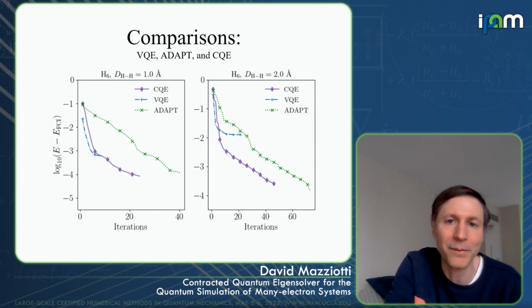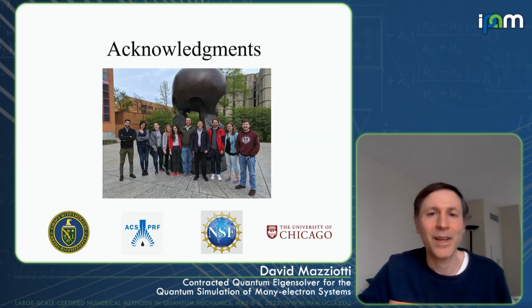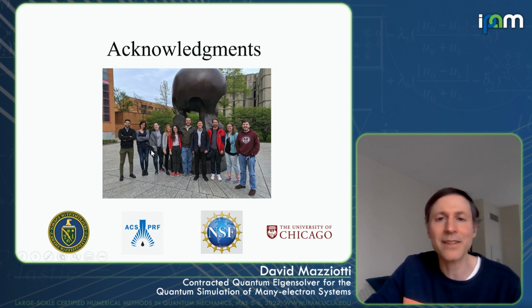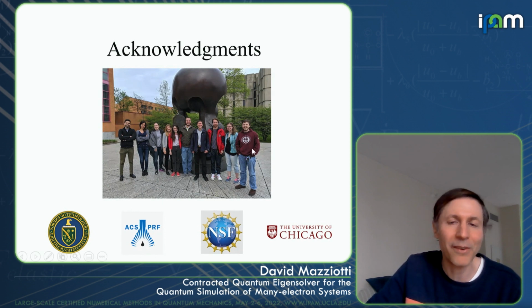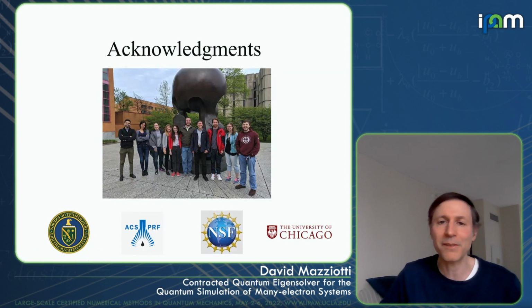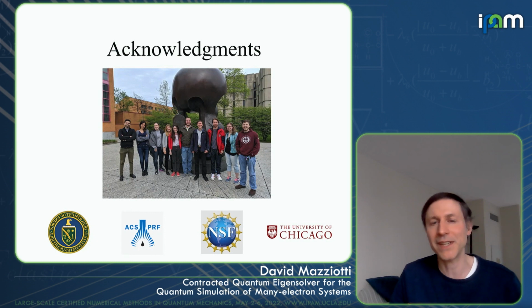Okay, finally, I just want to acknowledge, in particular, two of the students who did a lot of the work here. Especially Scott Smart, who's standing over here on the right in the University of Chicago sweatshirt. Scott did tremendous work on the quantum algorithm developing the CQE, and he really did the calculations throughout the talk that I presented today.